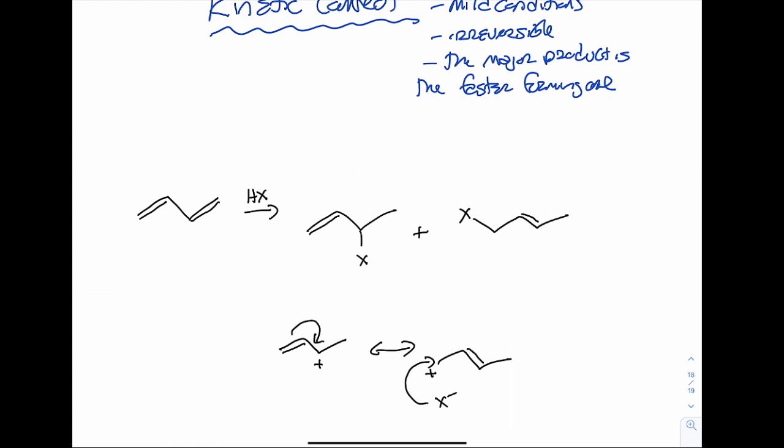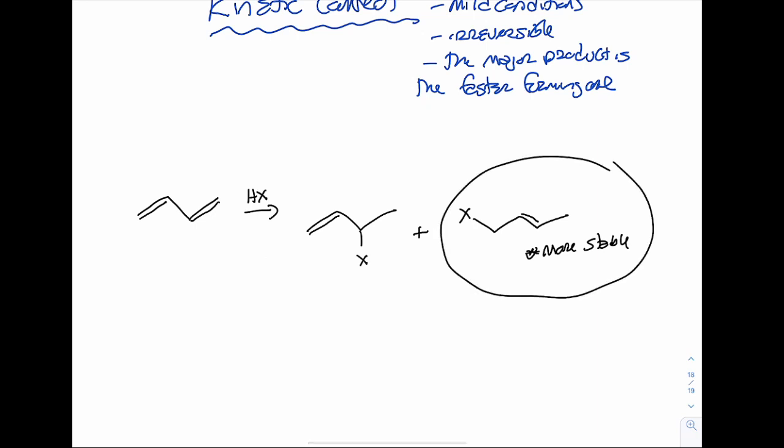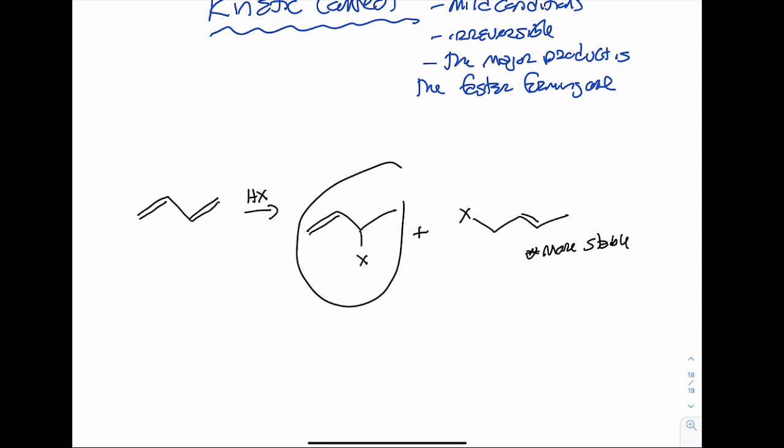And for reasons that we haven't covered yet, but we will cover in this chapter, this is actually more stable. So this reaction, you get both of them, but at higher temperatures, this product is going to be the one that you get most of. At lower temperatures, this is going to be the one that you get more of. That's my kinetically controlled product.